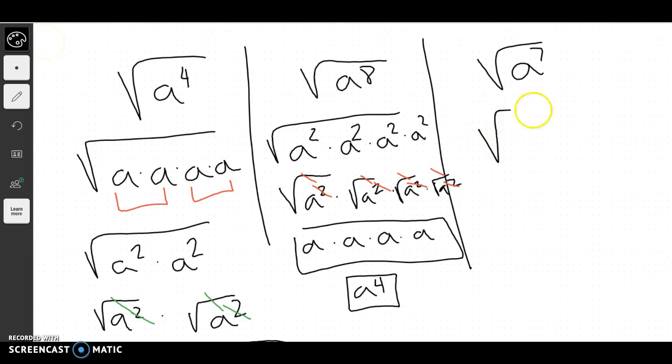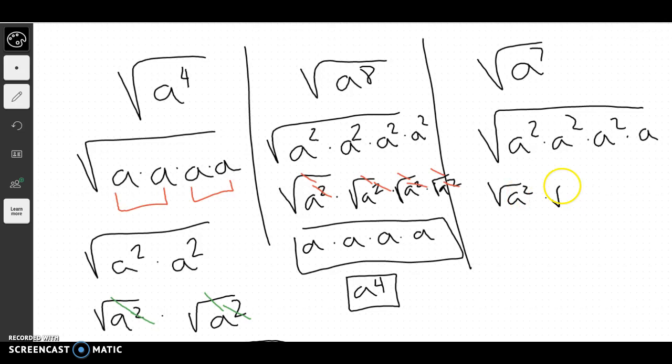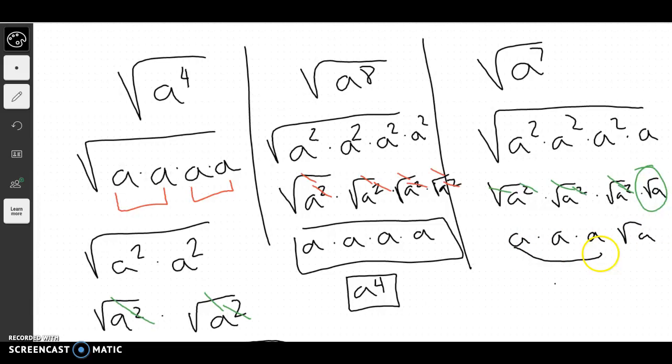Let's try this one. Again, this is going to be very similar. You'd have a squared times a squared times a squared times a. And again, I would want to separate the terms. Then this will cancel, this will cancel, this will cancel, this can't cancel. Because it can't cancel, I'll just leave it. And so I'll have a times a times a, which is a cubed.